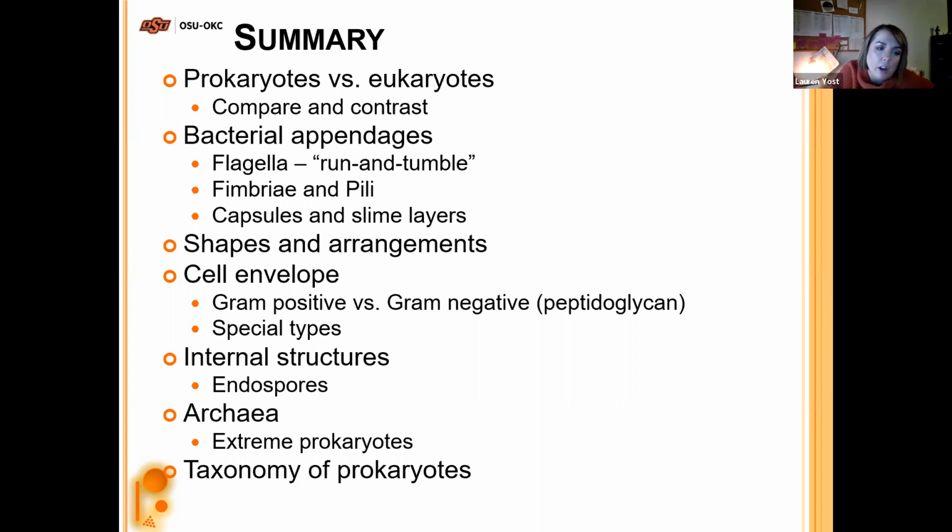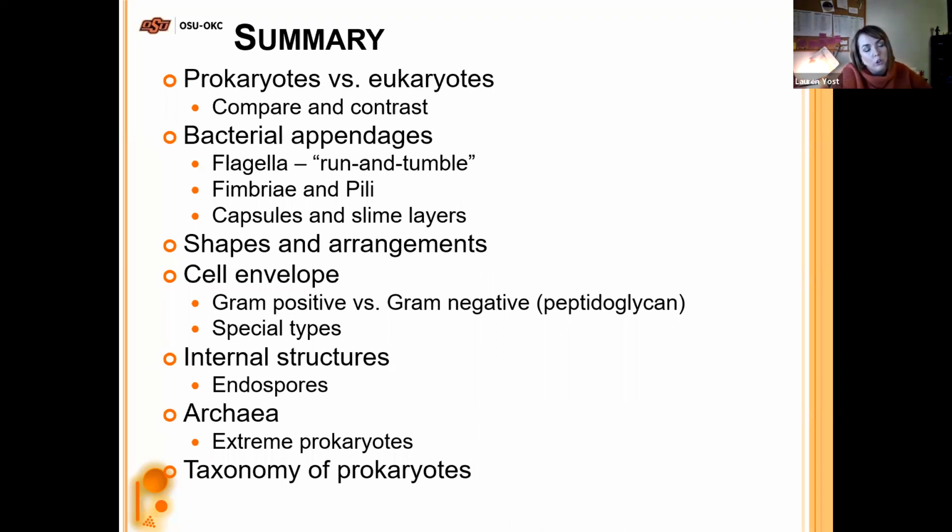Shapes of cells, the cocci, the bacilli, the spirillum, and the arrangements of cells, the staphylo, the strepto, the palisades, and whatever. Then we have the cell envelope, which includes the inner membrane, the cell wall, and the outer membrane if it has one, right? We talked about peptidoglycan and how it's thicker in the positives than the negatives and how the gram stain works. We talked about other deviants like the acid fast and the mycoplasma that don't have a cell wall.